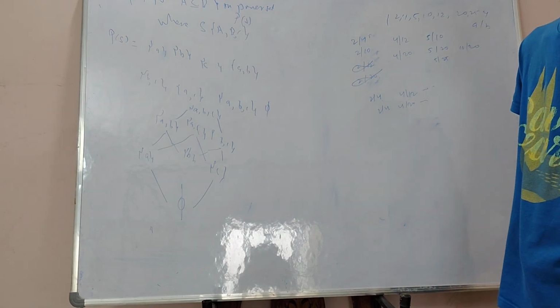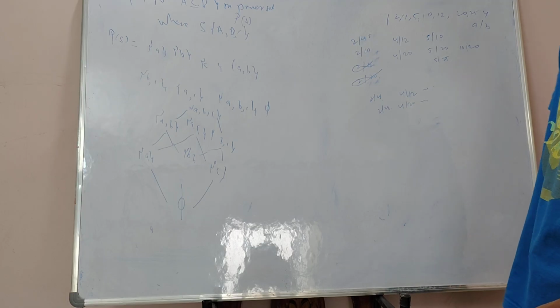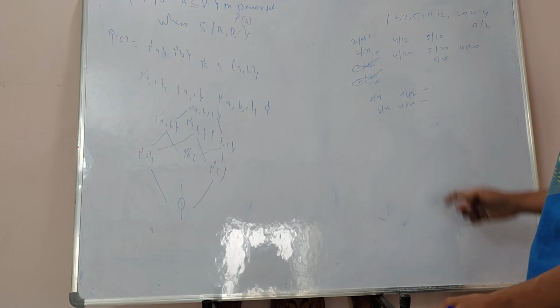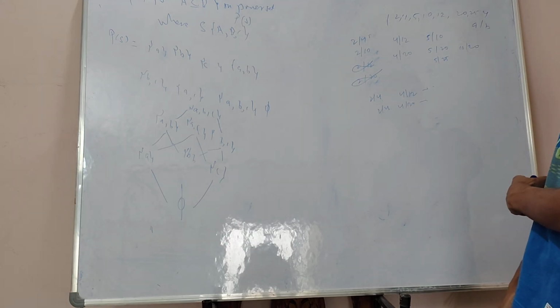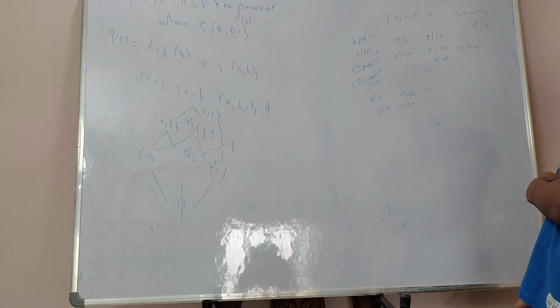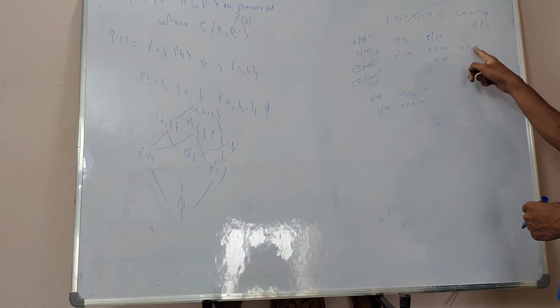Now there are 2, 4, 2, 10, 4, 12, 4, 20, 5, 10, 5, 25, right, 5, 20. So 10 is divisible by 5 and 20 is divisible by 10.